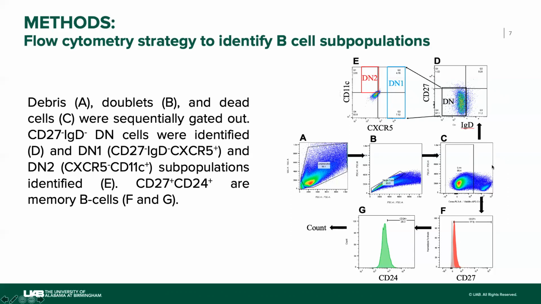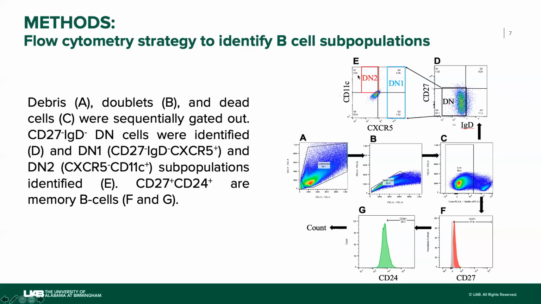Then CD24 negative, CD27 negative, IgD negative double negative cells were identified by panel D, and the DN cells were further gated with the blue box in panel E representing CD27 negative, IgD negative, CXCR5 positive, the DN1 cell population, and the red box representing CXCR5 negative, CD11C positive, the DN2 subpopulation.